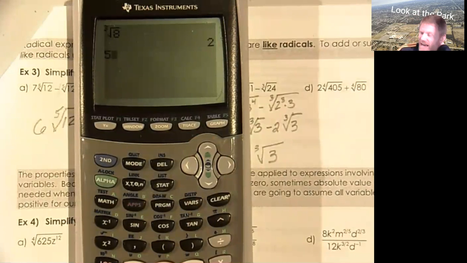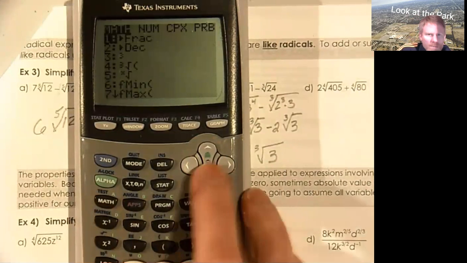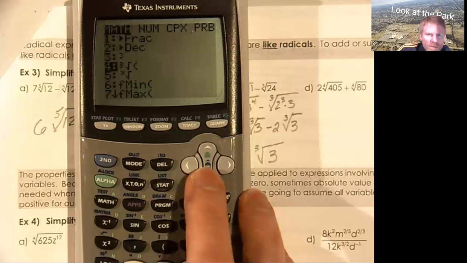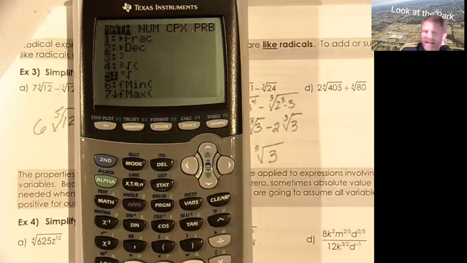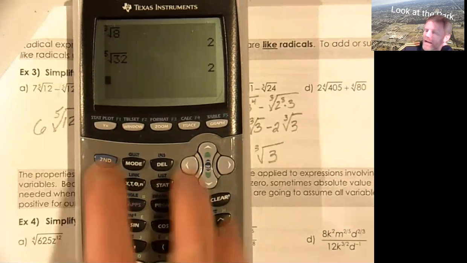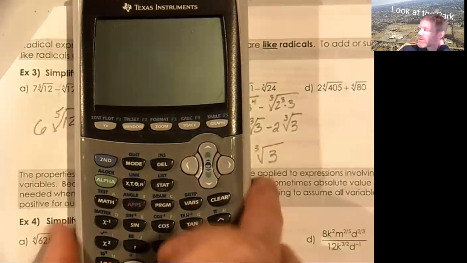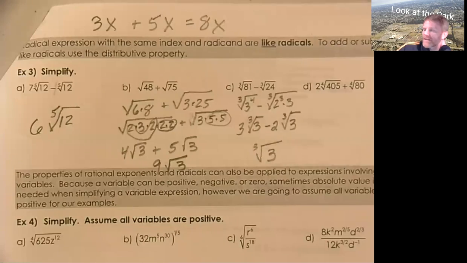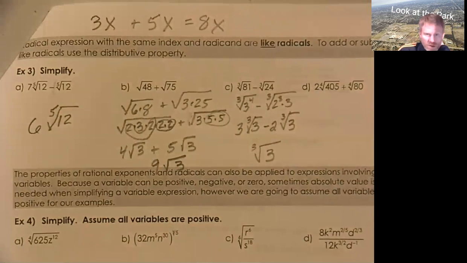So you type the 5, you hit the math button, and you come down to the option that has the X as the index. And that makes the 5 that you originally typed your index. Then you can type in your number and see whatever it breaks down to be. So that's a way to change your index value on your graphing calculator. But no decimals, just check your work.